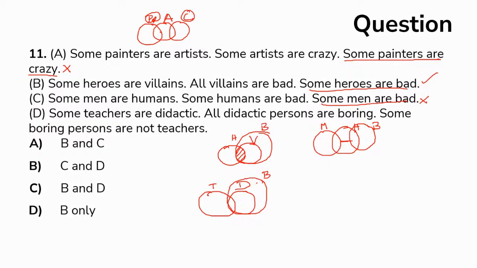We can't say that. So in this case, option D is also false. So the only possible right answers for this are D and B options. That is going to be the answer for this one, guys.